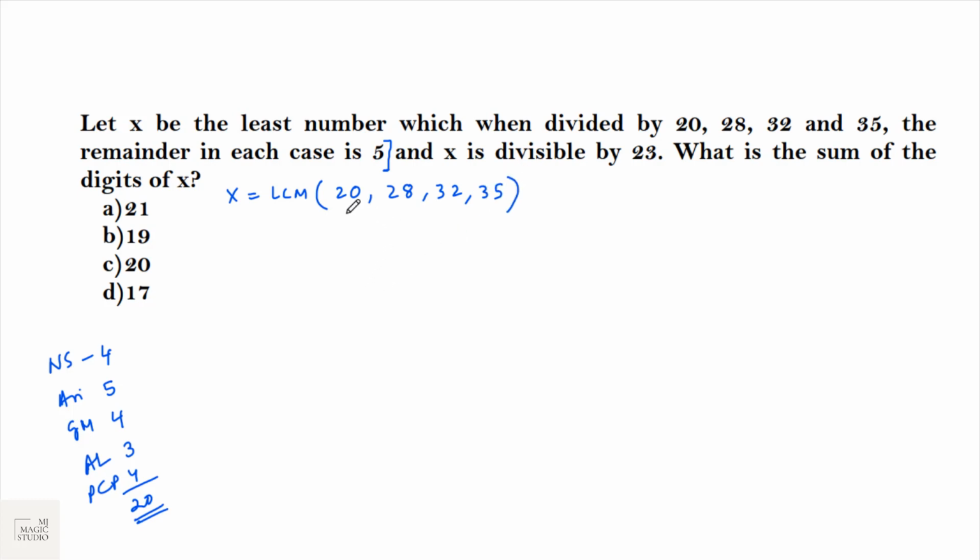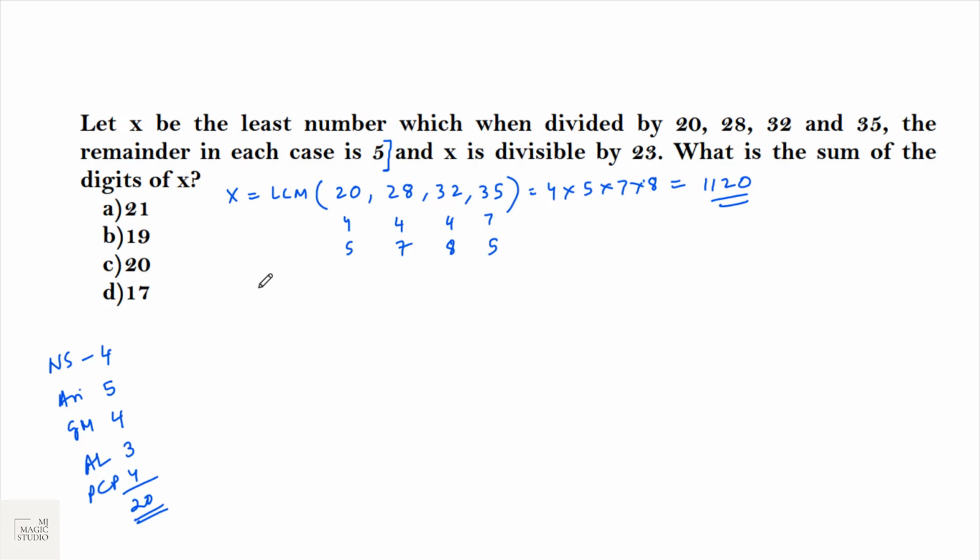Now how quickly you can find the LCM is all up to you. 20 is 4 into 5, 28 is 4 into 7, 32 is 4 into 8, and 35 is 7 into 5. So we have got 4 into 5 into 7 into 8. 20 into 56, 1120. The LCM of the divisors is 1120.